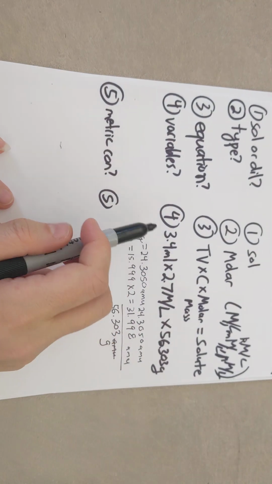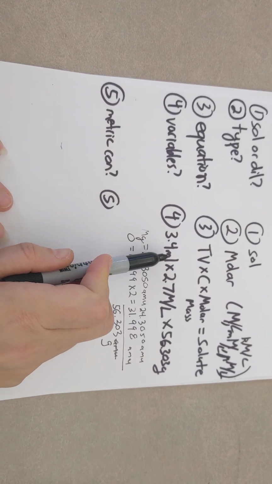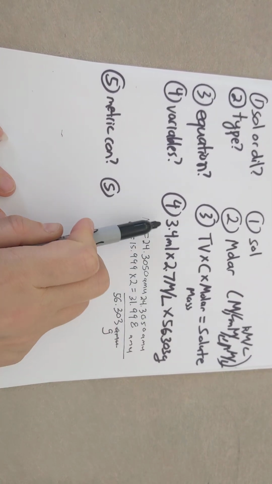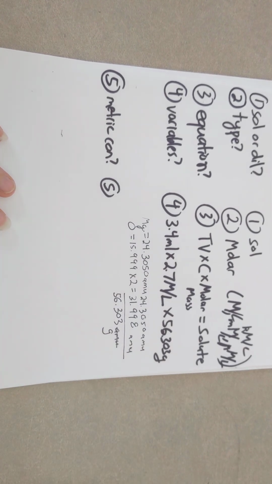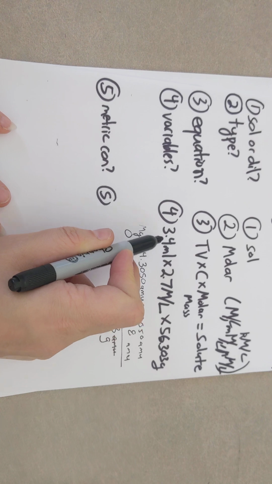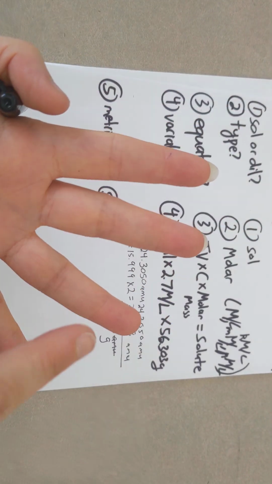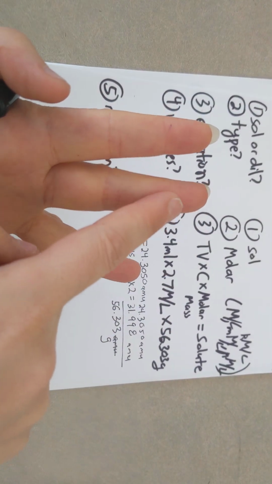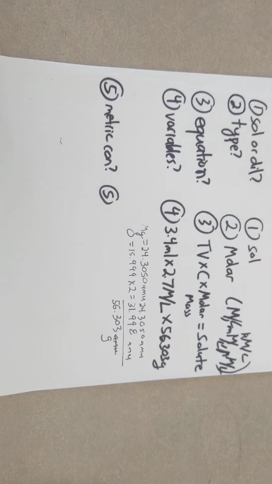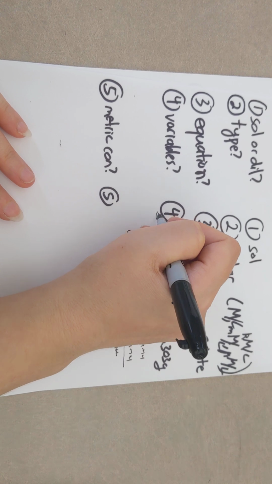All right, the fifth step of the metacognitive method is, do I need to make any metric conversions? So I will check. My milliliter does not match my liter. Therefore, yes, I do need to make a conversion. I will be converting this 3.4 milliliters into liters. So here's my milli finger, here's my liter finger. I will be moving my decimal 3 places to the left. 1, 2, 3.